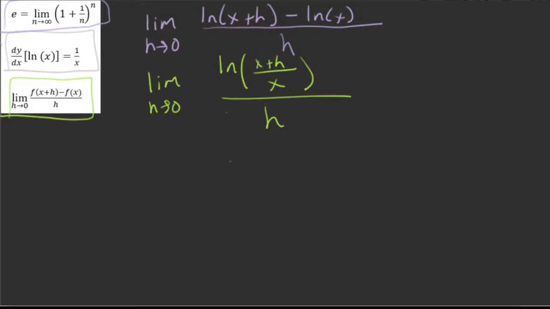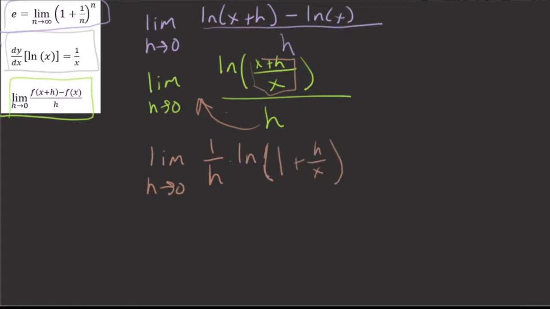So now you might be thinking, what should we do here? So let's combine two steps actually in this one. What I'm going to do is pull out this 1 over h to the front, and I'm going to go ahead and simplify some fractions in here to make it a bit simpler. So we have the limit as h approaches 0 of 1 over h ln of 1 plus h over x.